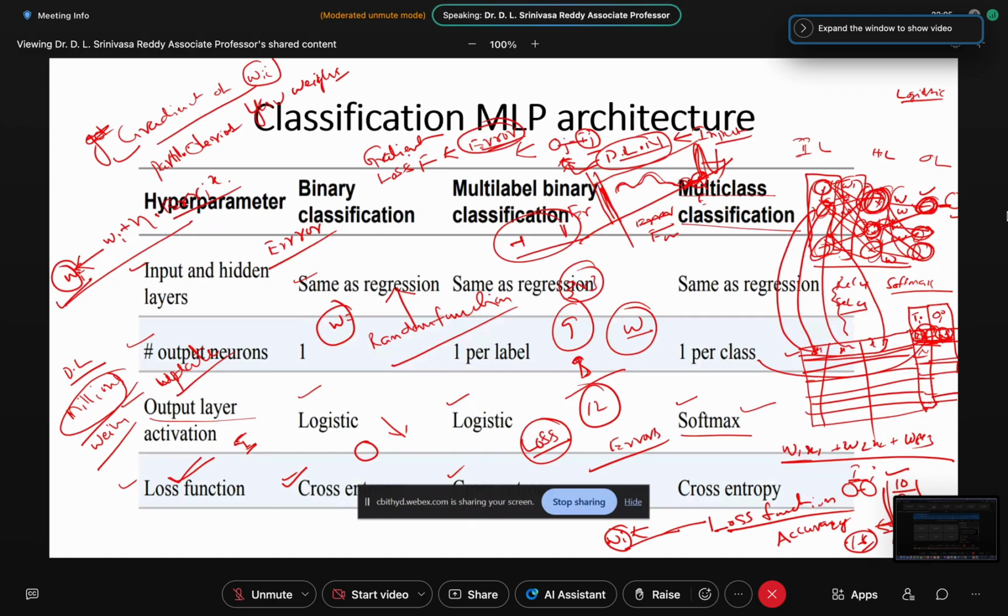Based on these errors, you have to derive a loss function. This loss function is used to know where the loss increases or decreases. For that, this gradient is nothing but the derivative of the loss function. So the loss function gives you where the error suddenly increases, and there you have to control it.